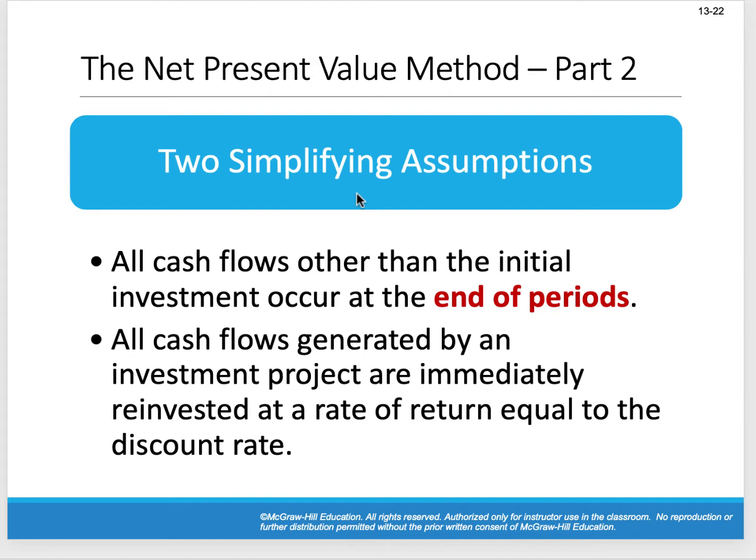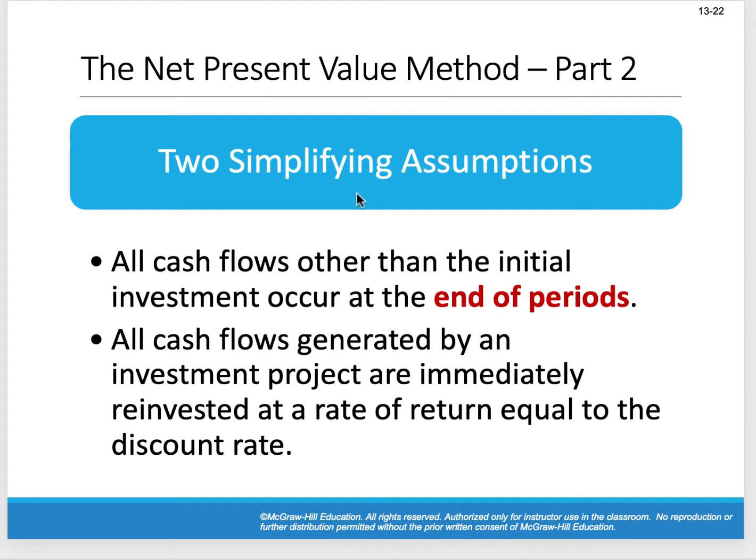To make it easier, we automatically assume that all cash inflows that are generated, we immediately reinvest at the same rate that we discount those cash flows at. We call that the discount rate.